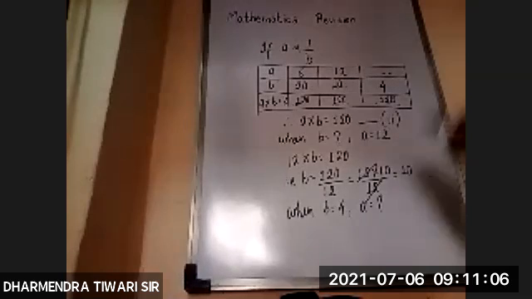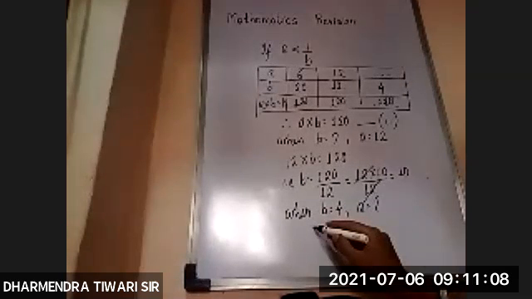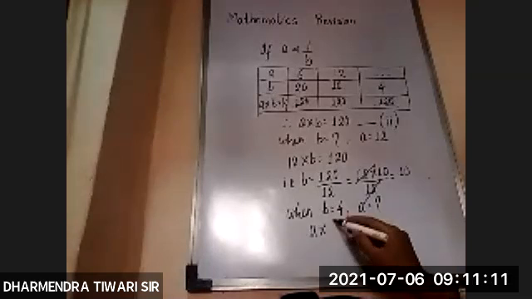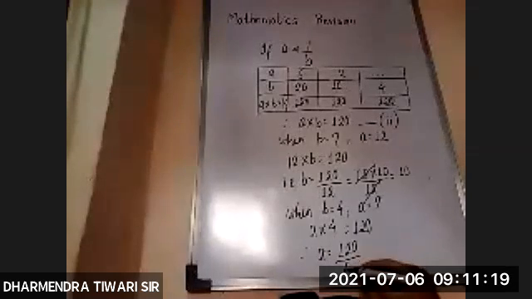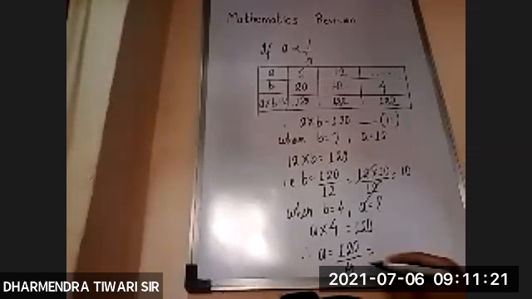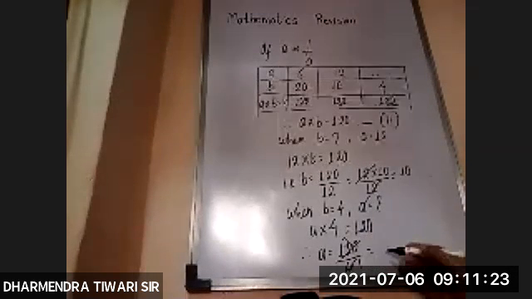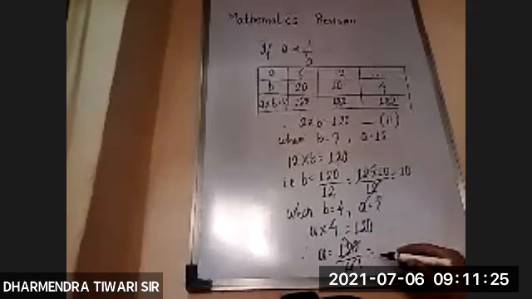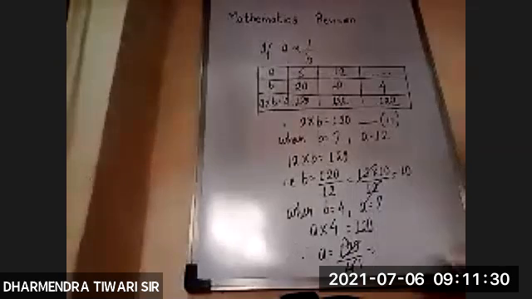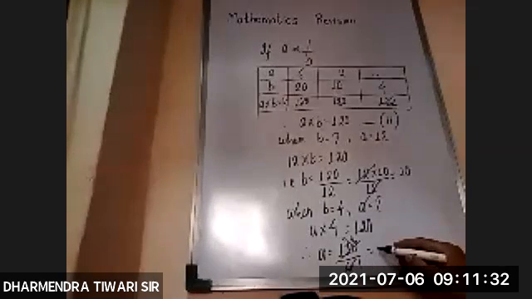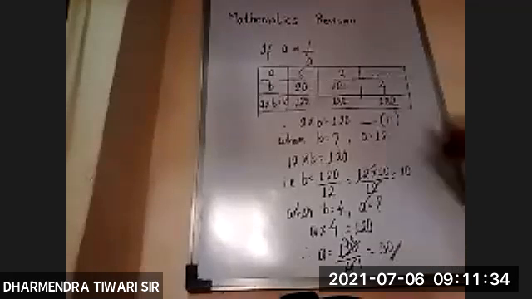As we know B, we can write A into 4, A into B is equal to 120. Therefore, A is equal to 120 divided by 4. 4 ones are 4, 4 threes are 12, so we can write this as 4 into 30. So I got the value as 30.